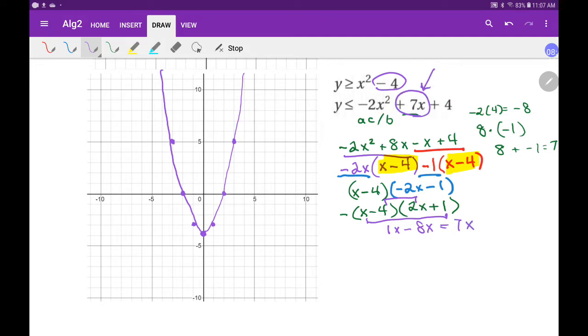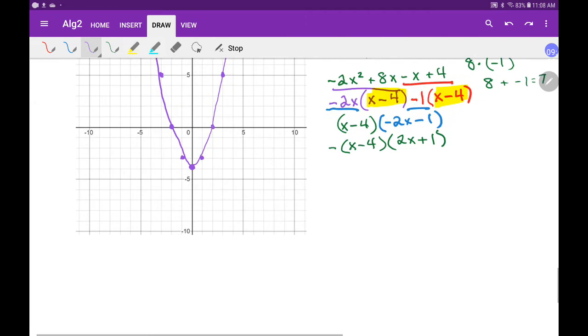So we do get back to the same place. As we continue to FOIL, we do the last negative 4 times 1. You say, that's a negative 4. Yeah, but again, we're taking care of it with the negative out in front, so it's positive 4. So if we FOIL it to check our work, we get the same exact thing.